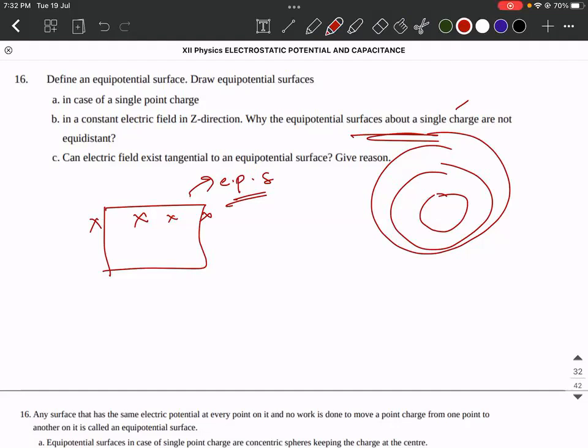Write down the reason, I'll tell you. They become closer because the distance between the equipotential surfaces goes on increasing with a decrease in the value of the electric field.